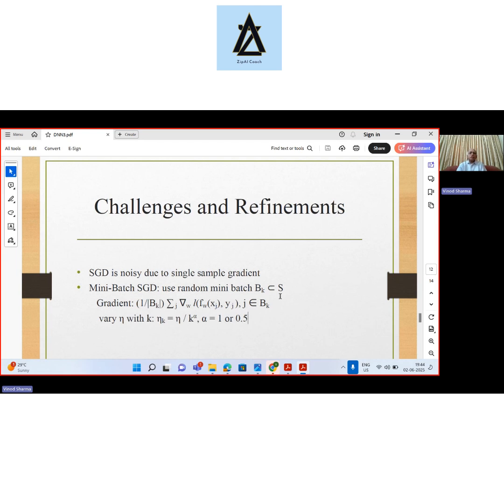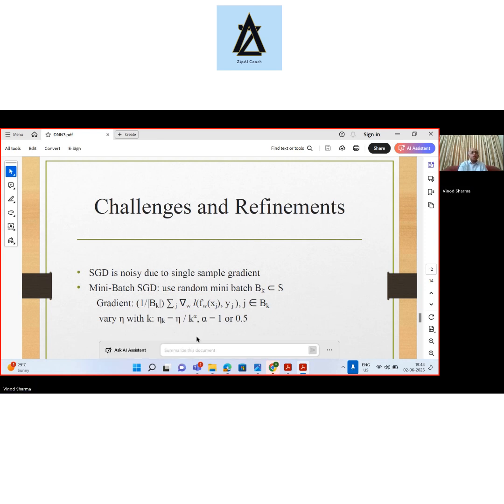Out of those 1,000 points, I could take 10 points randomly and use the gradient at those 10 points. So B_k has 10 points from the training sample here. And instead of using the gradient only at one point, you take the gradient at those points and divide by the number of elements in the mini batch. So in other words, you take the gradient, which is the average of the gradient at multiple points.